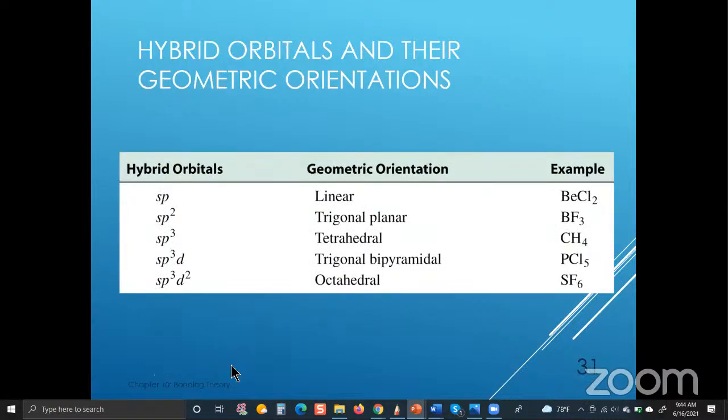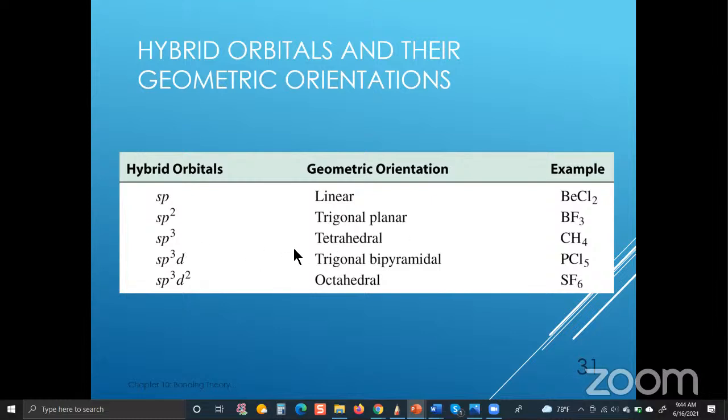So this table here basically summarizes the correspondence of the shape of the molecule and the hybridization for the central atom in that molecule. So if the hybridization is sp, then the orientation of the electron group geometry would be linear. If it's sp2, then it's trigonal planar.